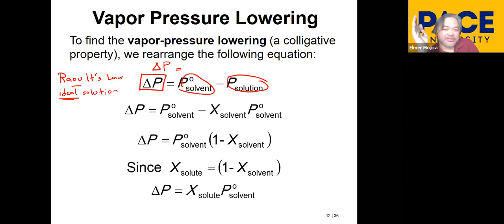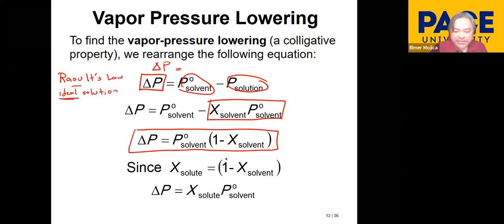It results from the difference between the pressure of the pure solvent and the solution. We know that the pressure of the solution is the mole fraction times the pressure of the solvent. So for the delta P here, we can denote it like that.